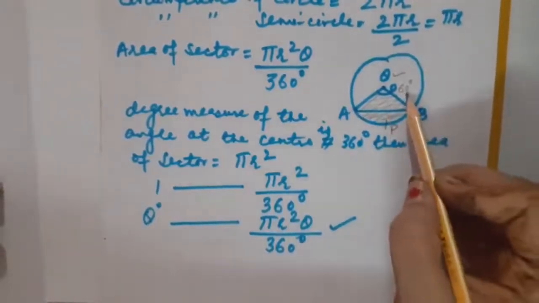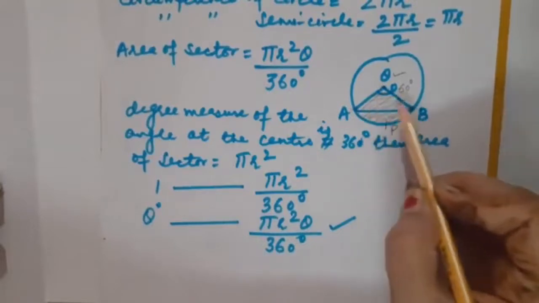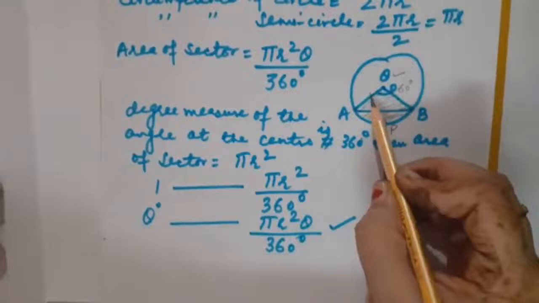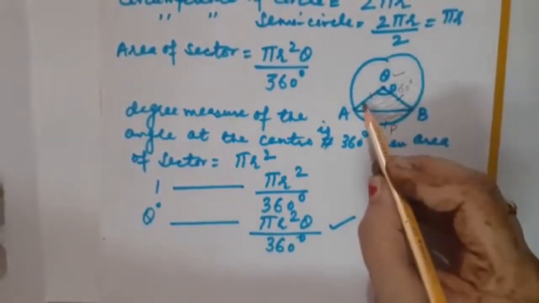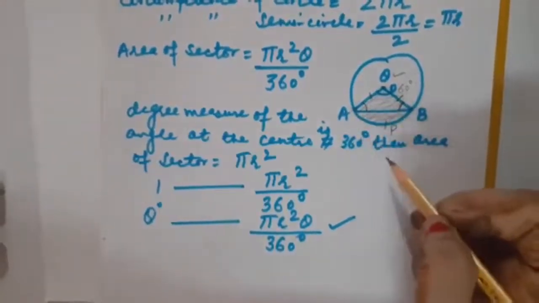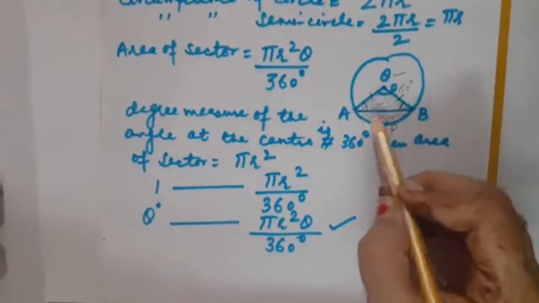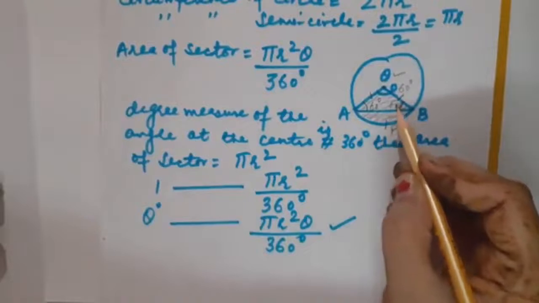Suppose the angle is 60 degree. You know that AO and OB are both radii of the circle, so they are equal. If they are equal, the base angles will be equal, because it becomes an isosceles triangle. So if one angle is 60 degree and these two angles are equal, they will also be 60 degree each.